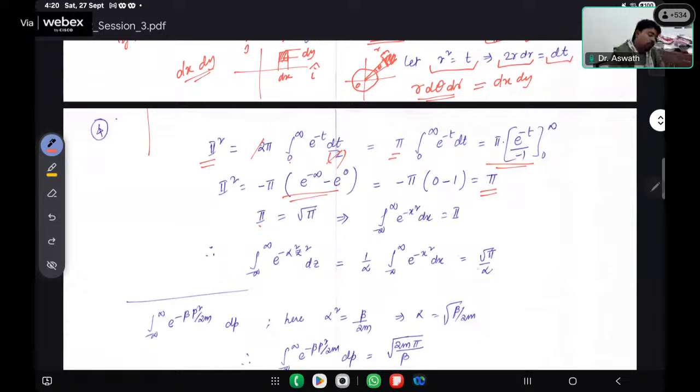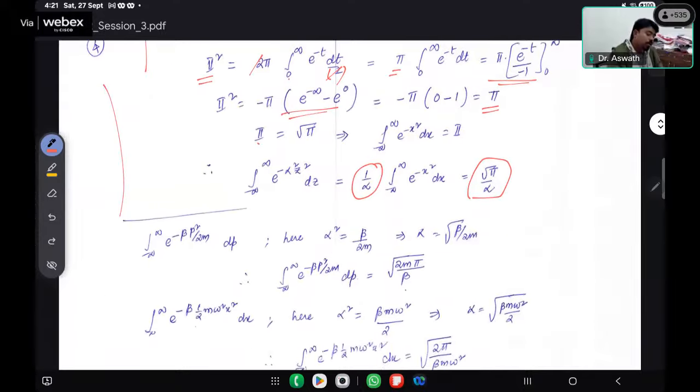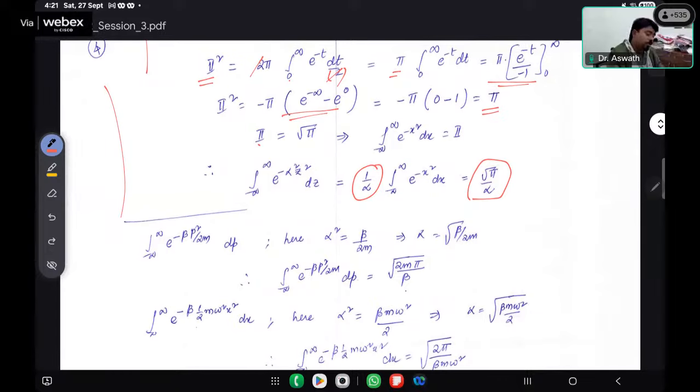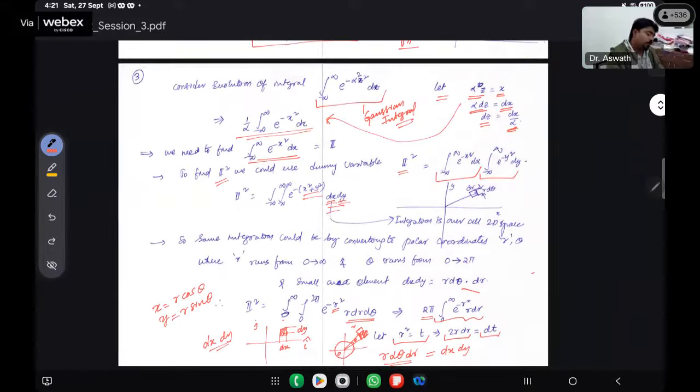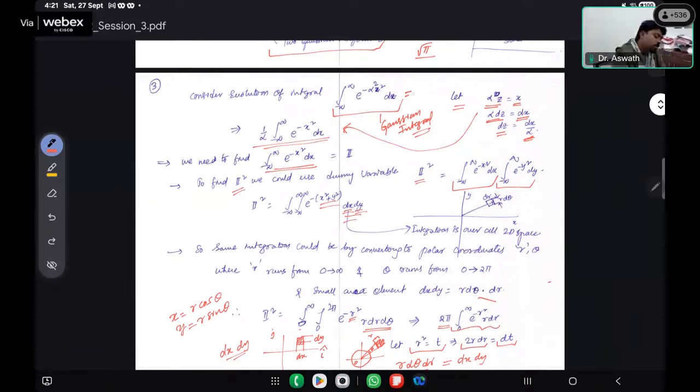Now, in place of x square, I have alpha square plus z square. So I need to include the 1 by alpha term that we had earlier, and you integrate and put it in. So what I will have is the square root of pi by alpha as our integration term.